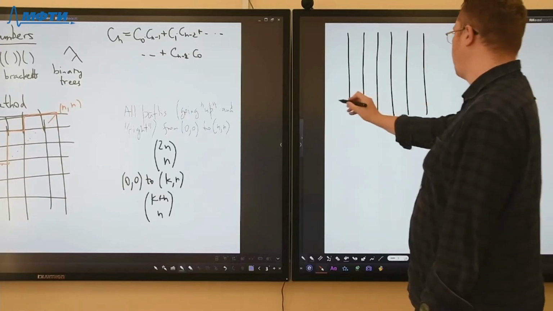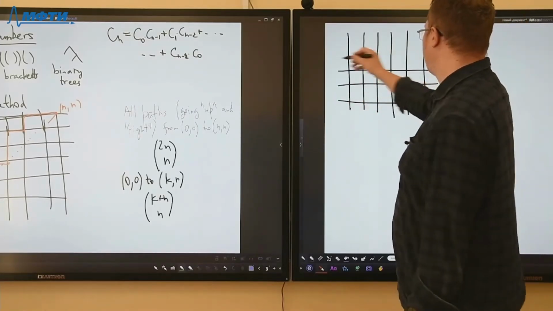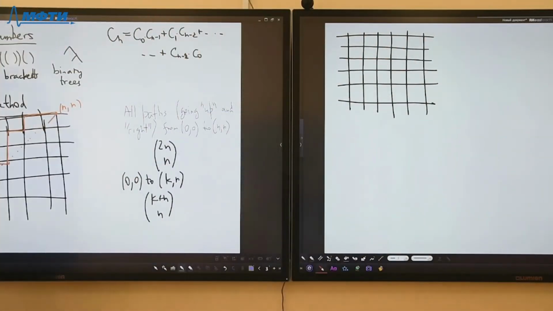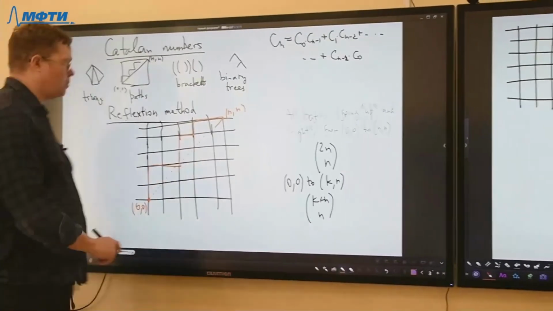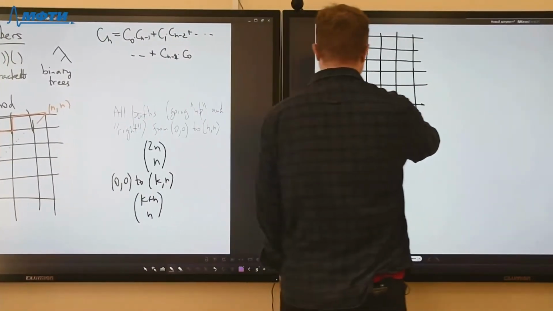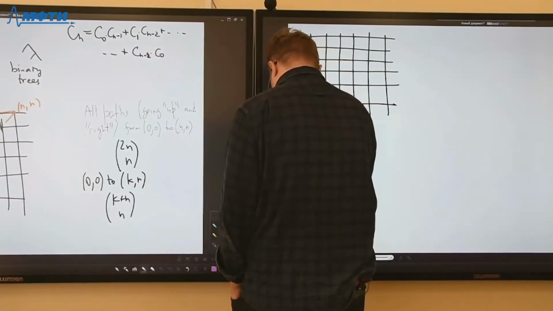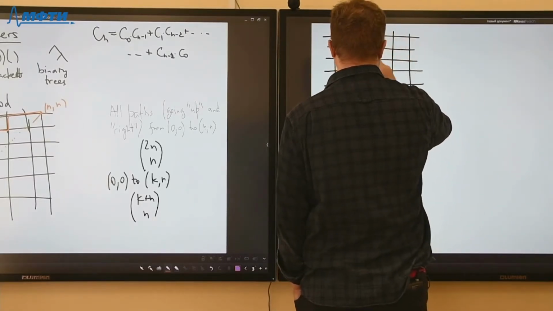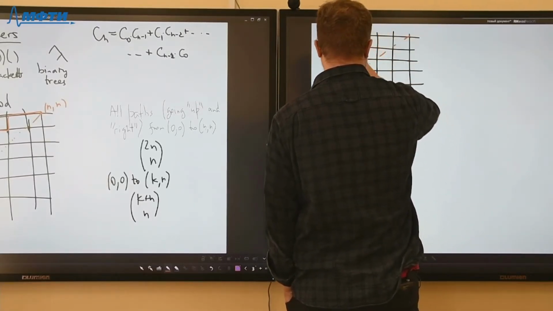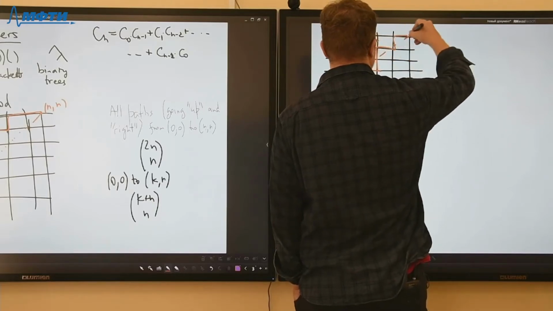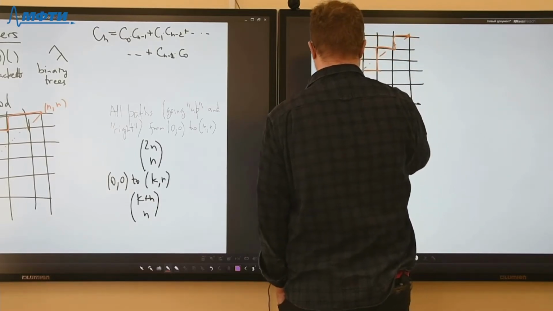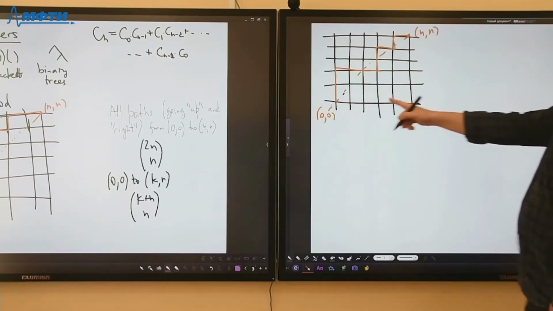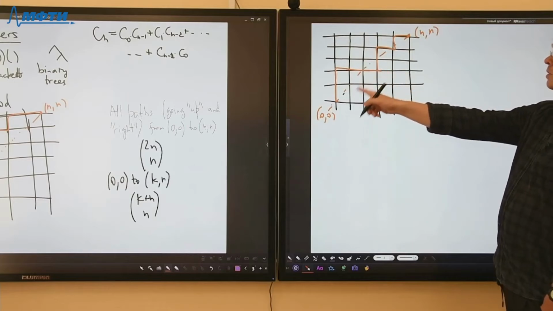So for example, something like this. What's the property of this path?